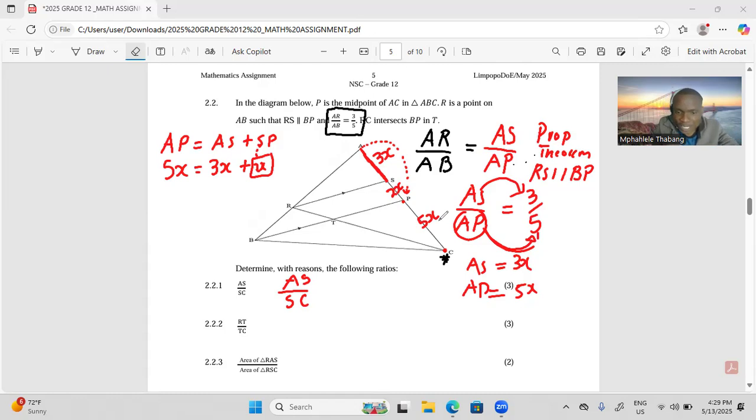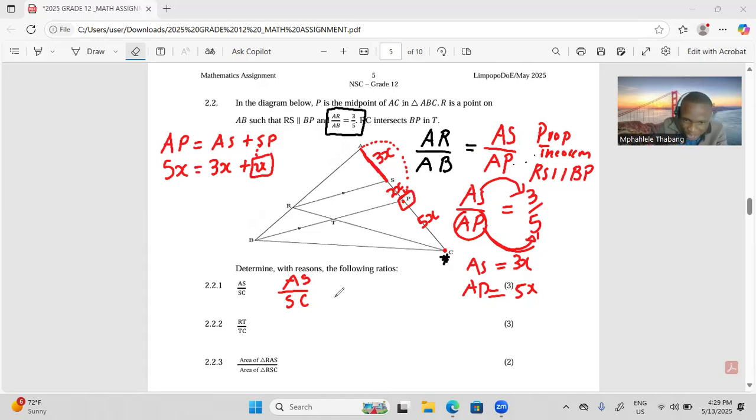I'm representing PC now as 5x because I represented AP as 5x. And we know that AP equals PC. Do not forget, we were told that P is the midpoint of AC. So if P is the midpoint of AC, it means that the distance from P to A is the same as the distance from P to C.